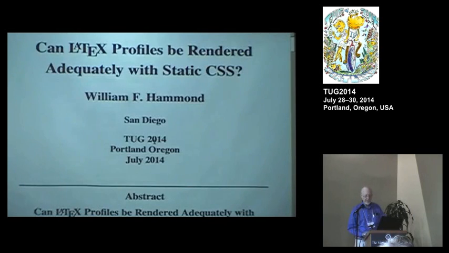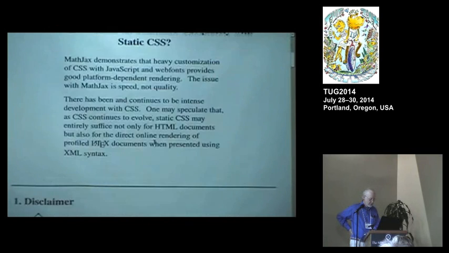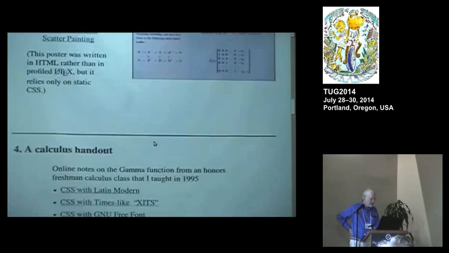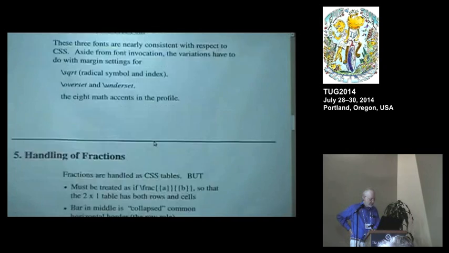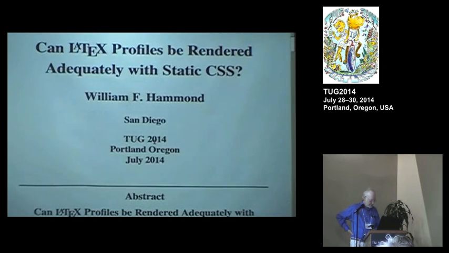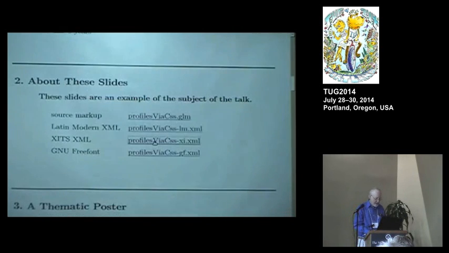There's also Zits, which is a derivative of the Stix font, and the same slides are available in Zits. And then there's GNU Free Font, which is also a development based on Computer Modern.